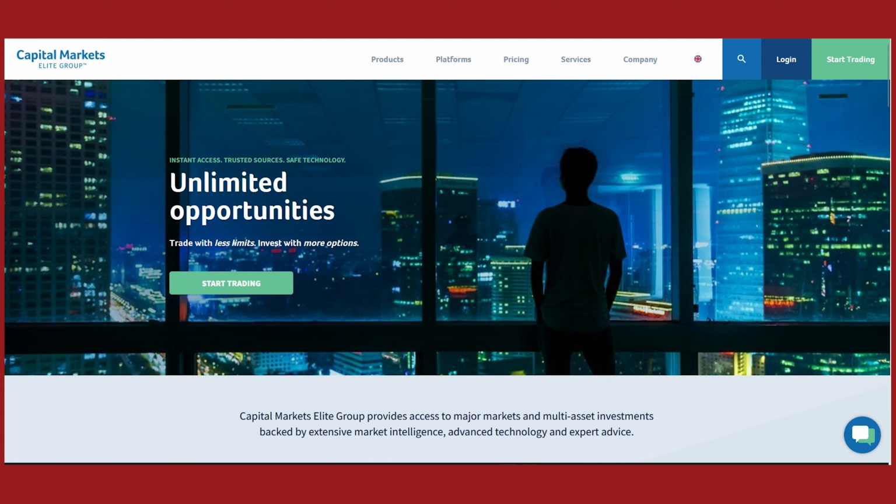One of the best brokers to avoid the PDT rule is an offshore broker, and it's called CMEG. There are a lot of offshore brokers, and CMEG is honestly one of the most reliable brokers. The downside of CMEG is the fact that its commissions are a bit expensive. It costs around $2.95 per ticket, so you're getting in and out of a position and you pay somewhere around $6.